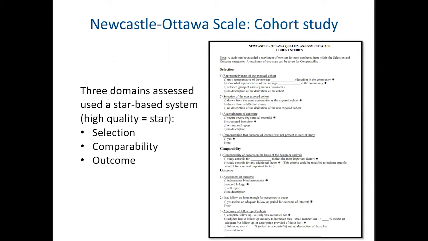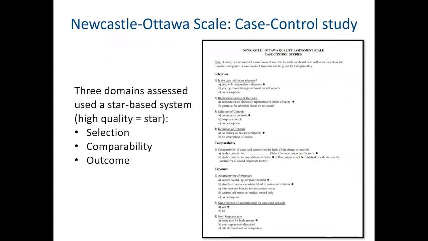This is a tool specifically for appraising cohort studies that assesses 3 domains using a star-based system, based on selection criteria, comparability questions, and then outcome. The Newcastle-Ottawa scale also has a specific tool for appraising case control studies that uses a similar format.